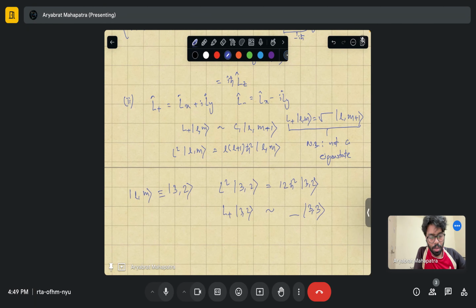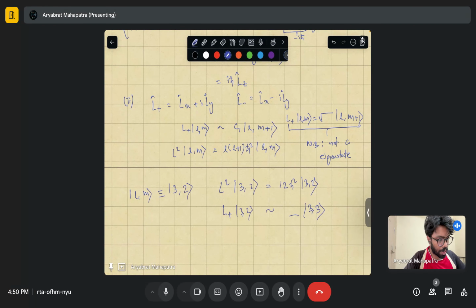That is how we have purposefully constructed L plus and L minus, because they are very useful for various mathematical calculations. The significance of these raising and lowering operators is that they appear everywhere, in advanced quantum mechanics and even in field theories; these are primary tools.